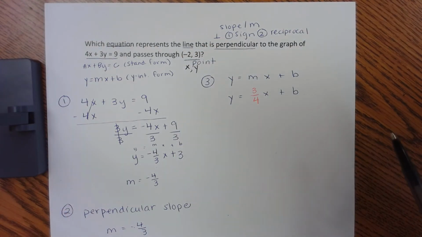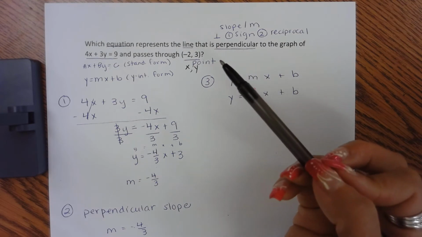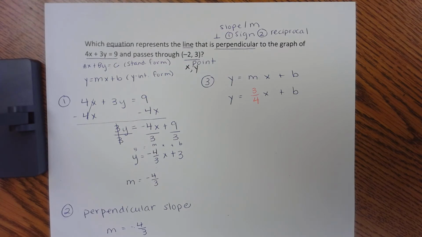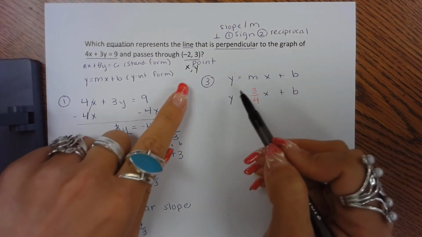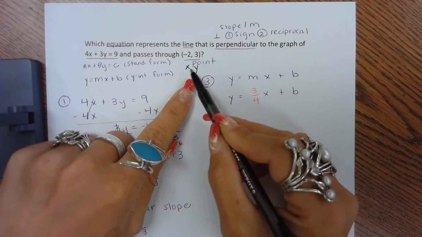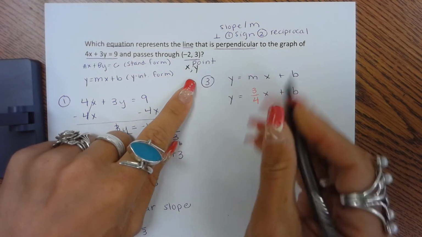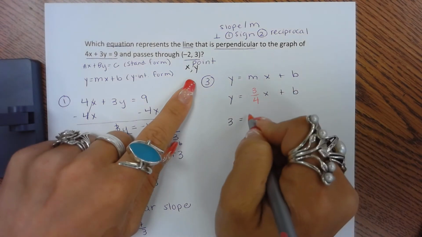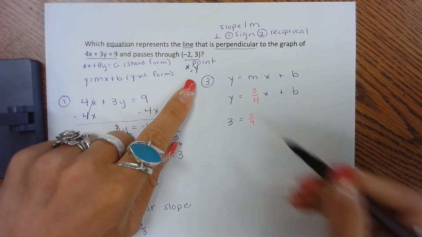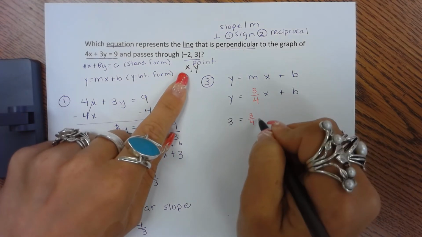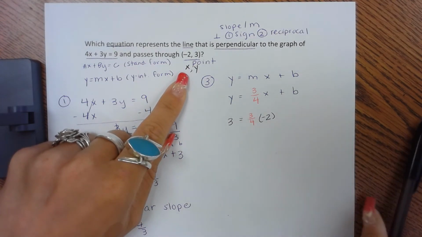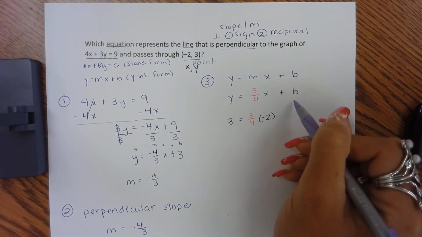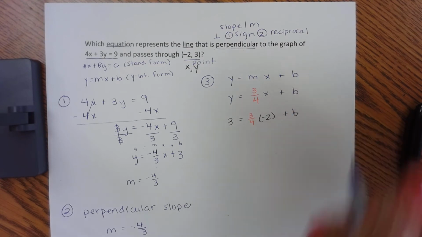So we're using the information from the question to get our answer. Now we're going to fill in our y. Do we have a y? Our y is now 3. So 3 equals 3/4. Do we have an x? It's provided here, -2. And do we have a y-intercept? No. So we're actually trying to find our y-intercept.